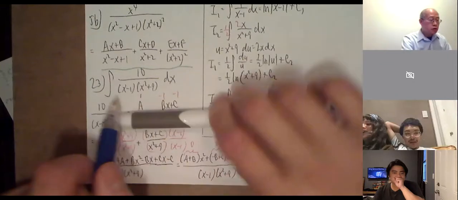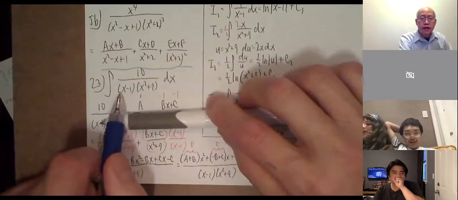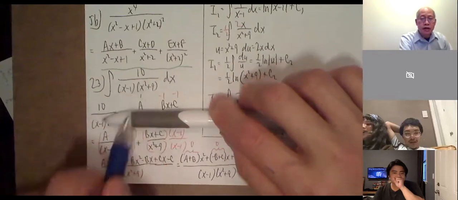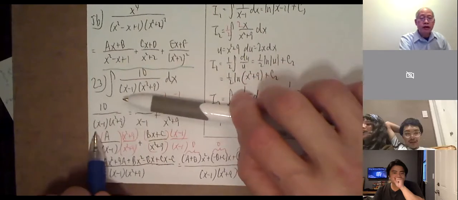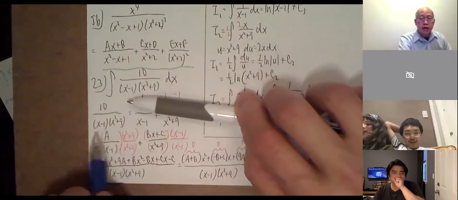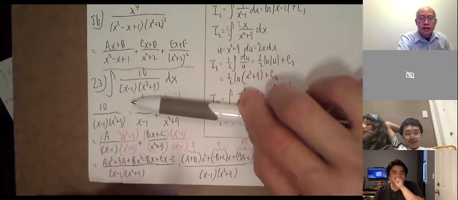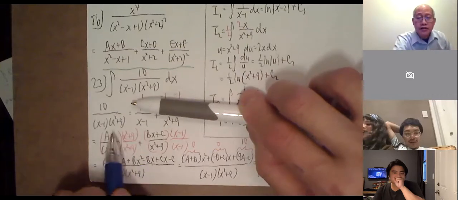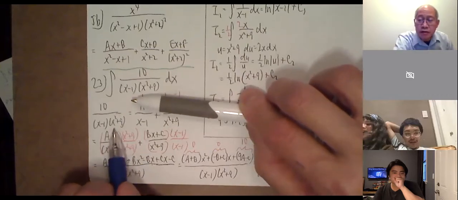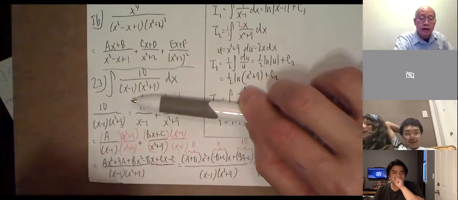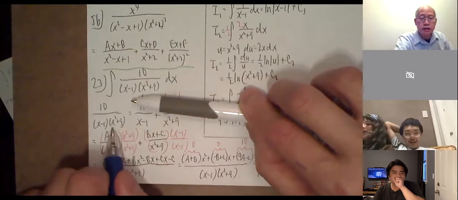All right, so how do I break this one up? 10 over x minus 1, x squared plus 9. Okay, now, if this had been x squared minus 9, you would keep factoring, right? You would go x plus 3, x minus 3.